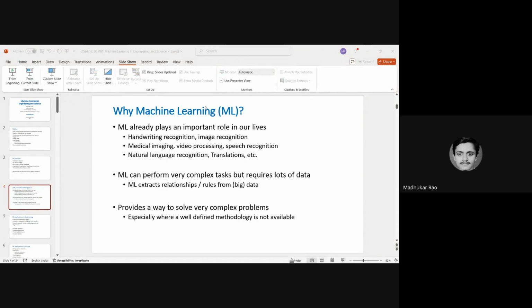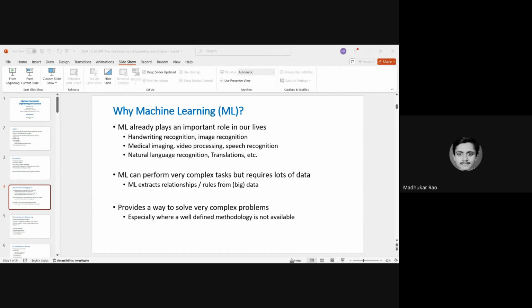So, why machine learning? I think most of us know that machine learning has suddenly become very popular in the last 10, 12 years. And it already plays a very important role in our lives, like handwriting recognition, image recognition, and for more serious applications, medical imaging, video processing, speech recognition, natural language.